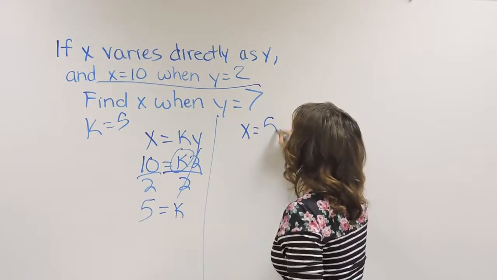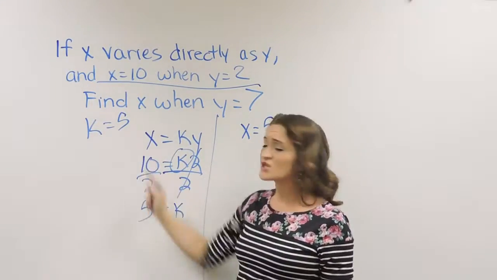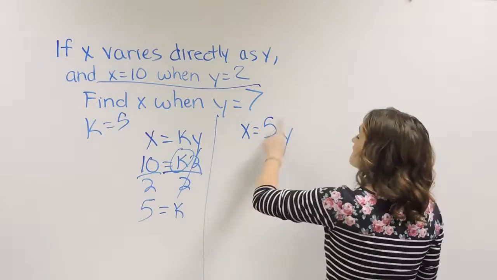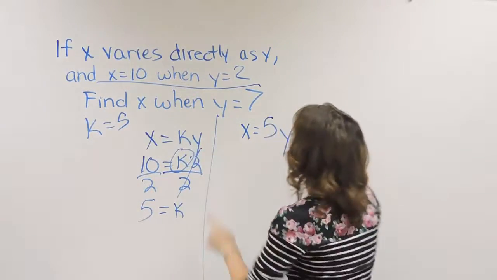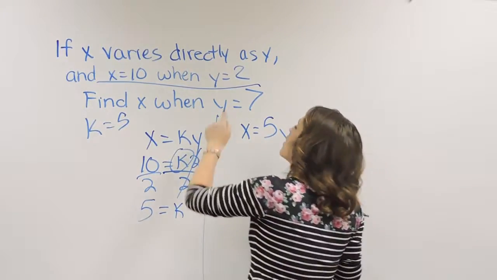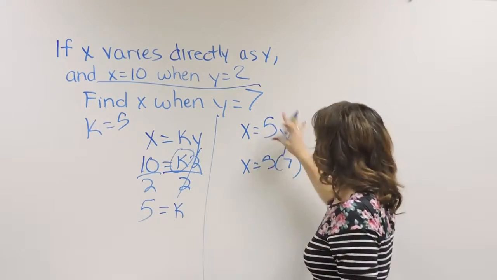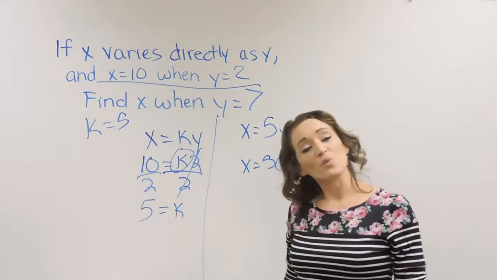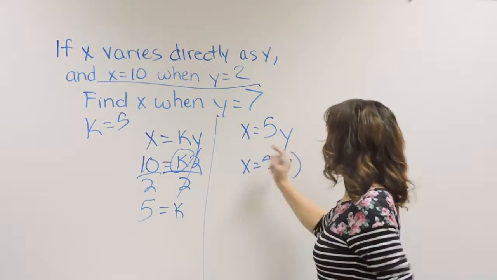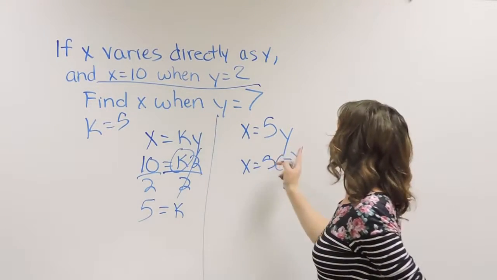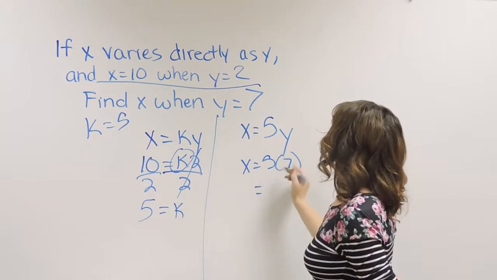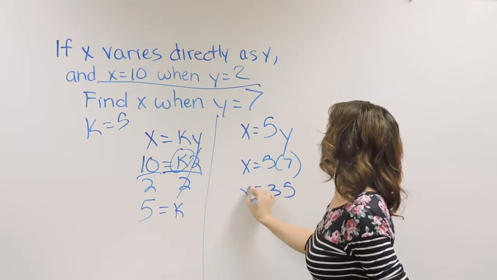K is 5, we just solved and got that K is 5. Now it says figure out what X is when Y is 7, so I'm going to plug in 7 for Y. If K is 5 and Y is 7, well, 5 times 7 is 35.